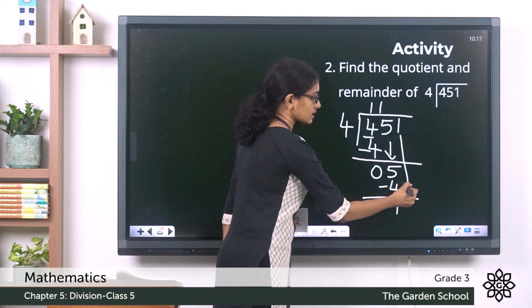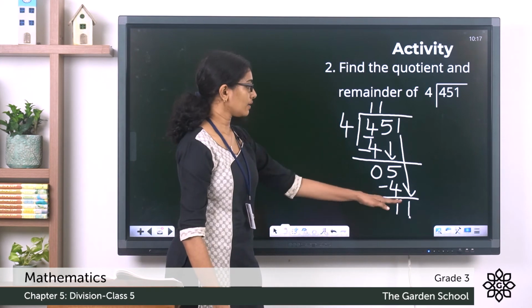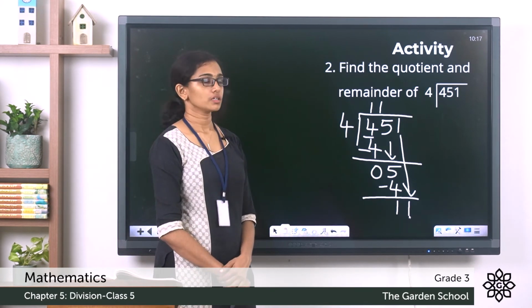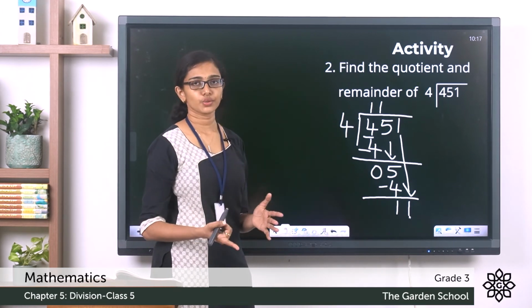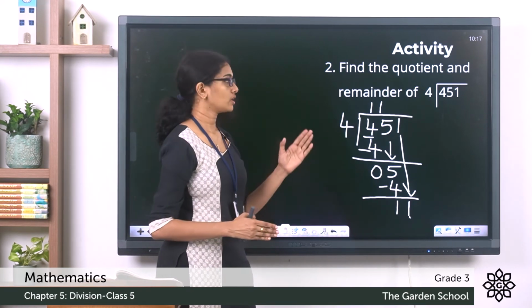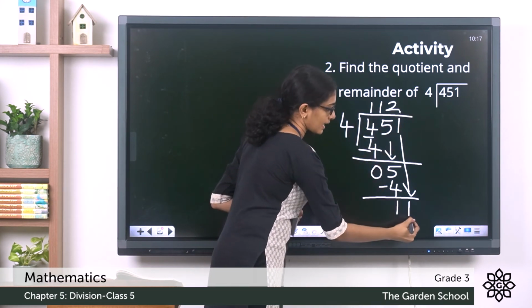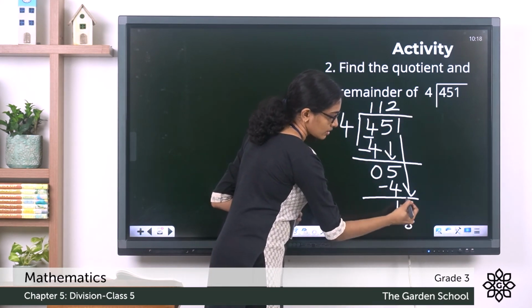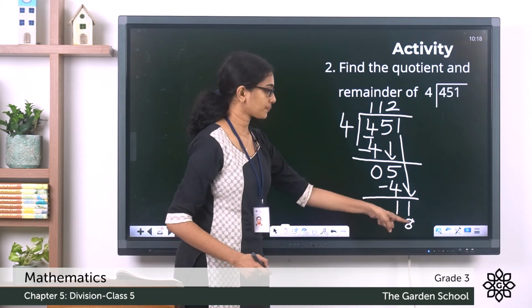Then bringing the next digit down, the ones digit. We have 11 here now. Now 11 divided by 4. So 4 ones are 4, 4 twos are 8, but 4 threes are 12. So 4 twos are enough. So we write that 2 here. And 4 twos are 8. That we write here. Make sure you are writing the number 8 in the ones place.